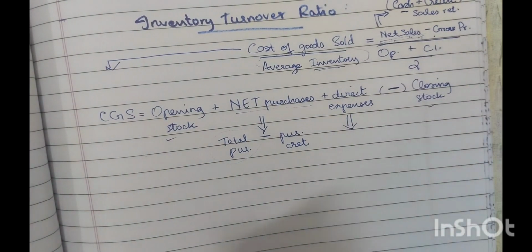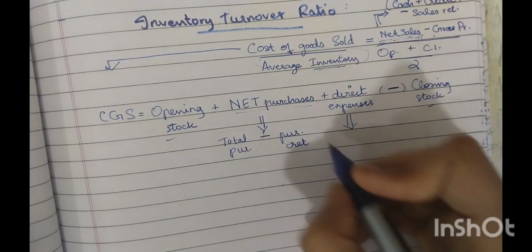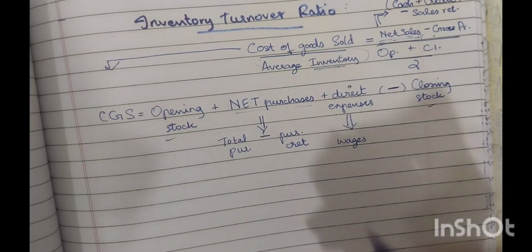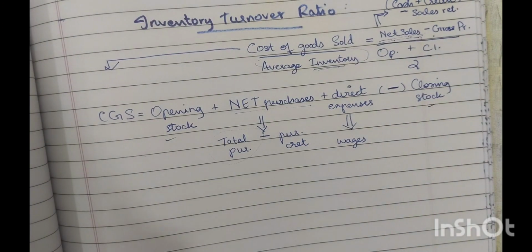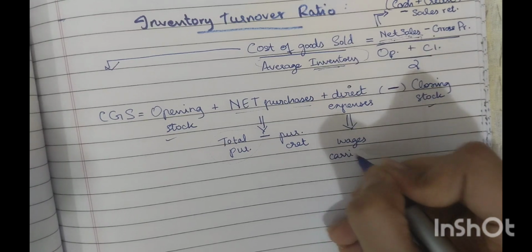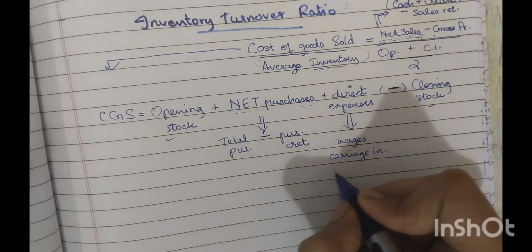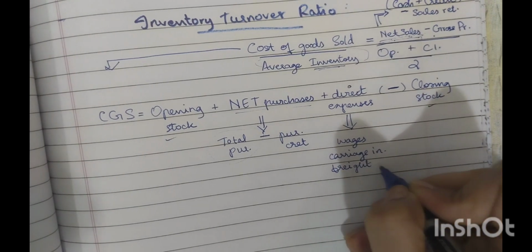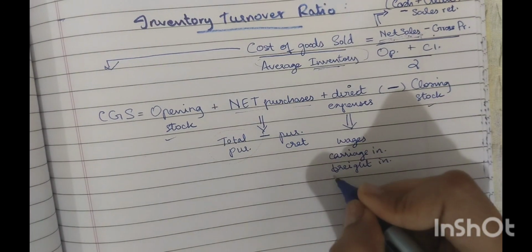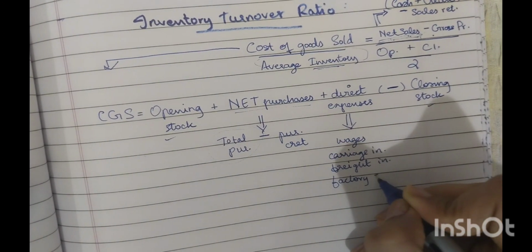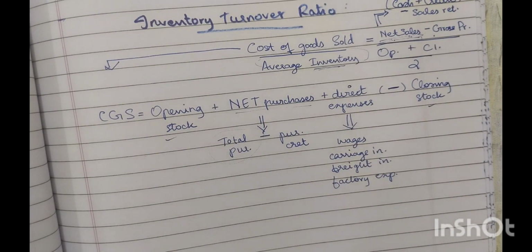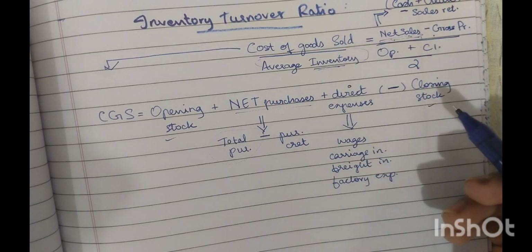For example, the wages we had to pay to get the goods or the raw materials delivered to us, wages we had to pay for manufacturing, carriage inward, freight inwards, and our factory expenses, and many more. For example, lighting, heating, power, fuel, all these together form the direct expenses.